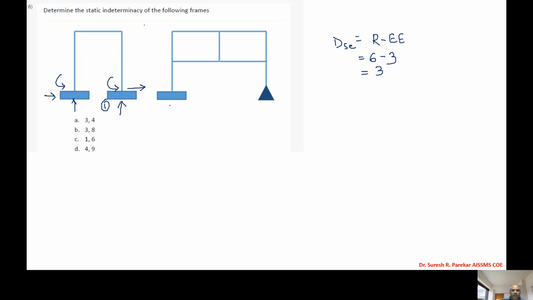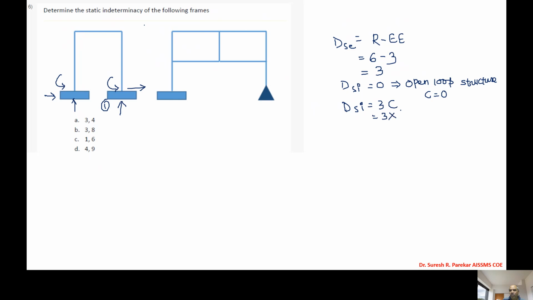Now for DSI, we have 0 as it is an open loop structure. Because in an open loop structure, C is equal to 0 and we have the formula for DSI as 3C.